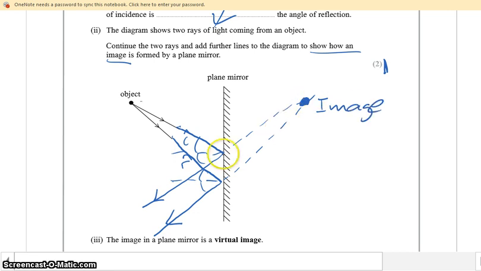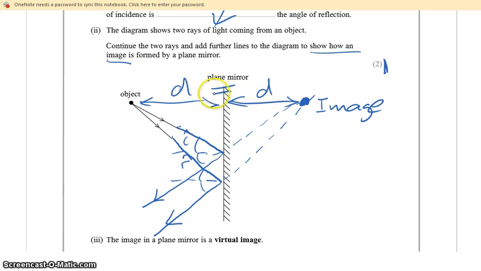And if you've done it all carefully, then that distance there and that distance there, those two distances are going to be equal to each other. So the second mark for constructing these lines that go back to the image behind the mirror.